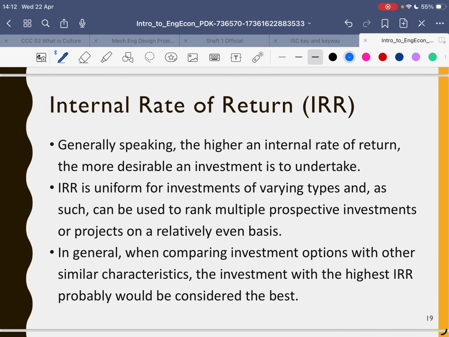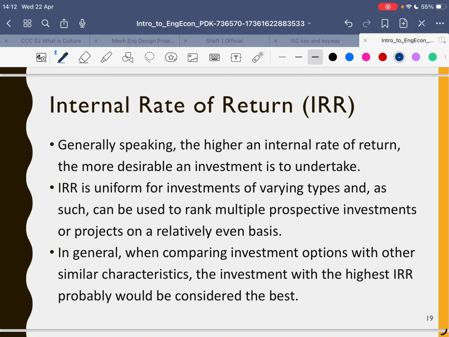Note that because IRR does not account for a changing discount rate, it's often not adequate for large or longer-term projects with discount rates that are expected to vary. So what I am trying to say here is IRR is fair to use, but if the project lasts very long, the discount rate might vary, so you should take that variation into the picture.